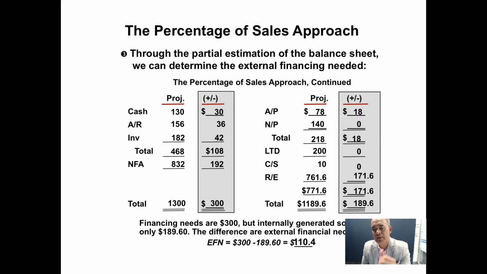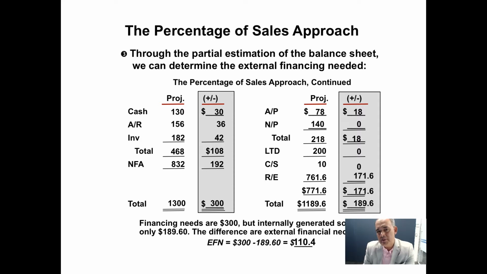But what about the liability and equity side? As you can see right away, the only account that will increase by 30% is accounts payable. Notes payable is going to stay the same, as are long-term debt, social capital, and retained earnings. This is what is called the naive step.